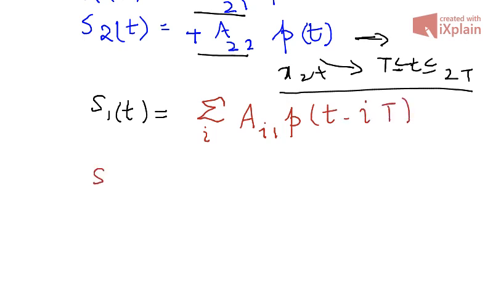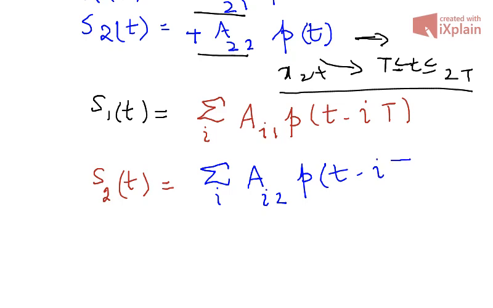Similarly, our S2 of t can be expressed in this form as a summation a I2 on the second axis. This is the image on the second axis. Now you can compare it with those two symbols. Suppose you have only two symbols.